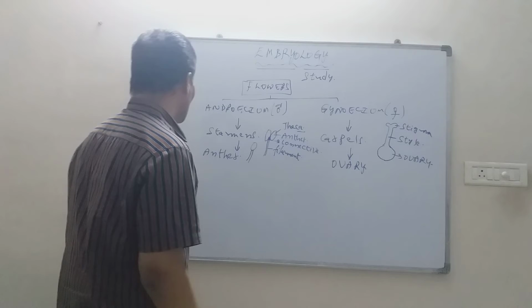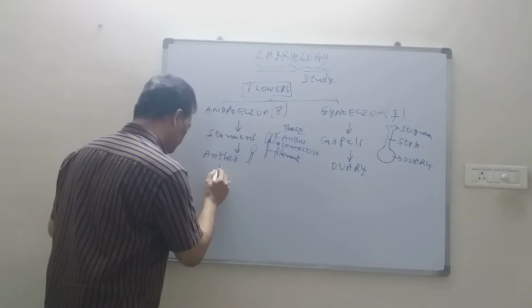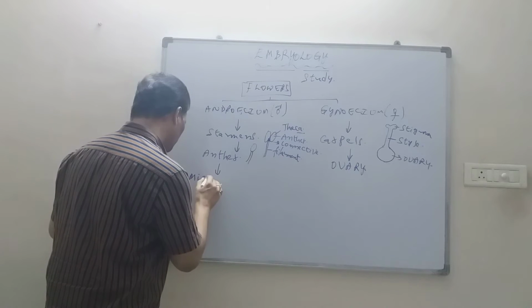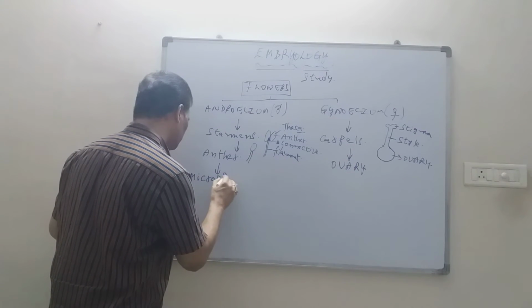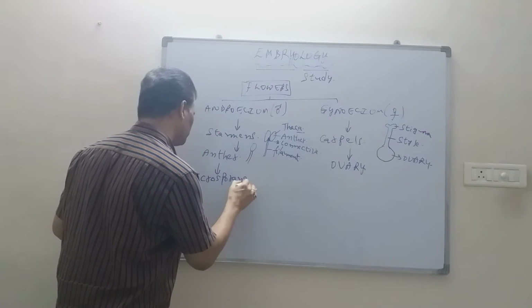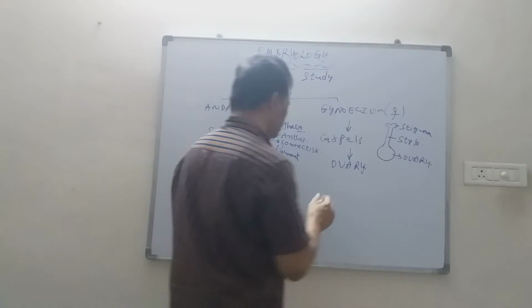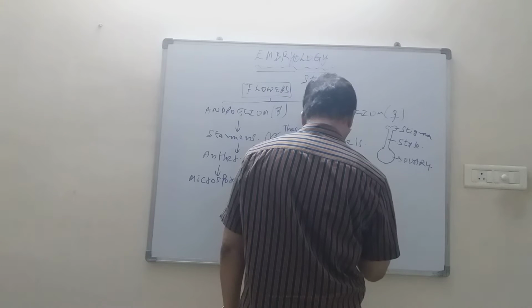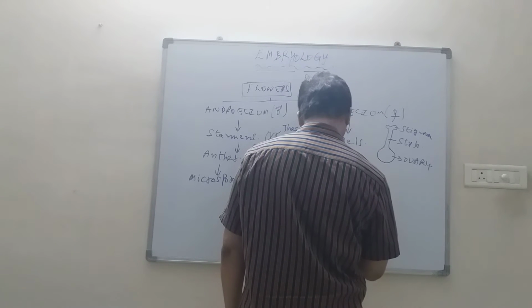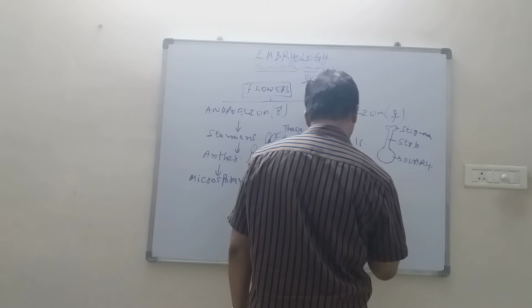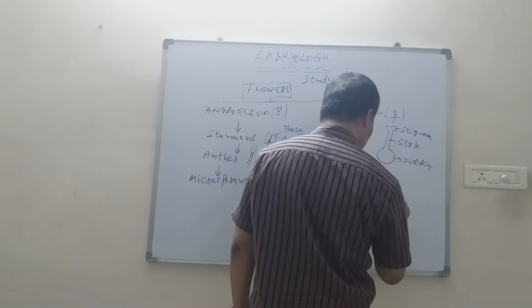Next step. Inside the anther, it produces the microsporangium. In the same way, the ovary produces the megasporangium.